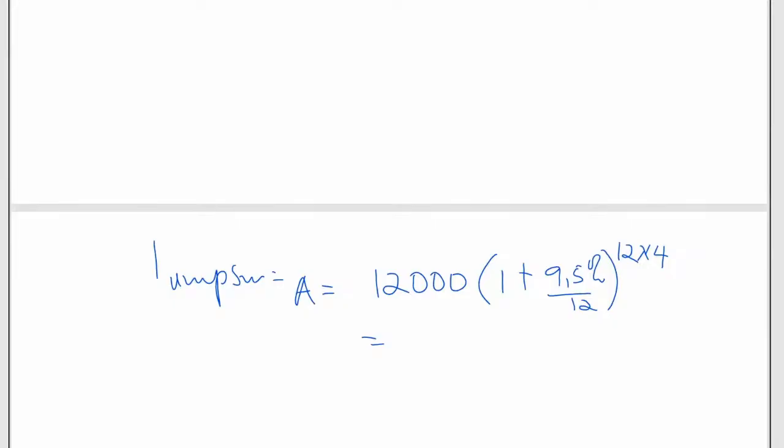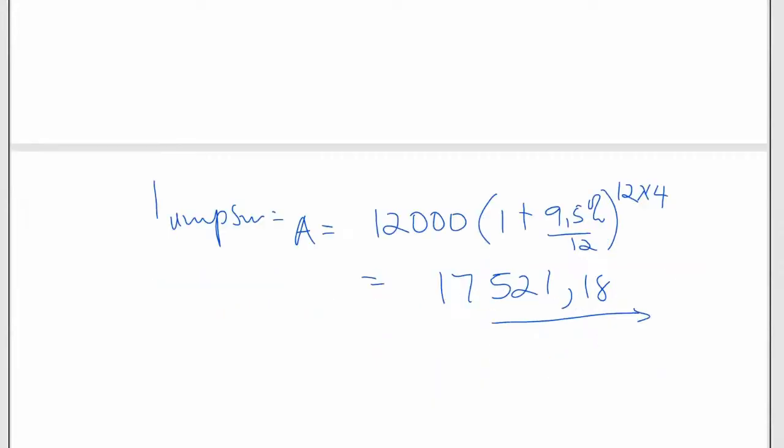Okay. So 12,000, when I punch that in the calculator, I'm getting 17,521.18. Please just confirm with me if that's what you guys have. Okay, let me just double check here. The exponent will be 48. 17,521.18, yeah. Okay, that is one.